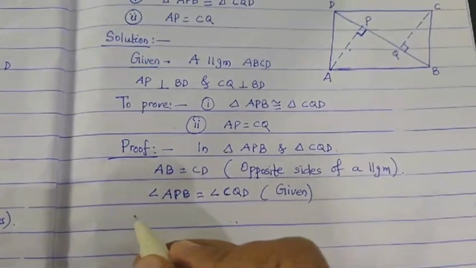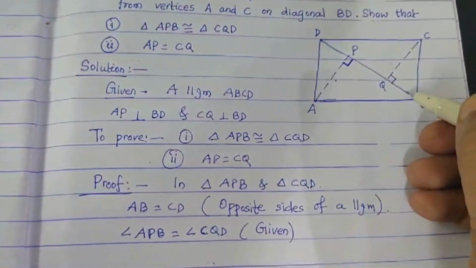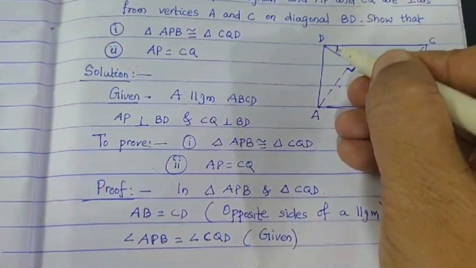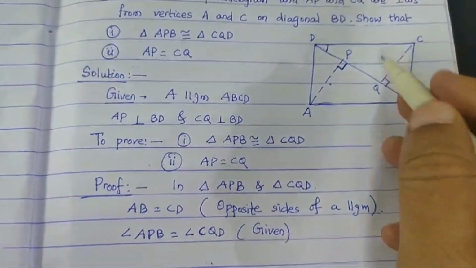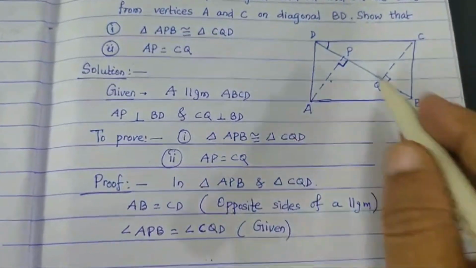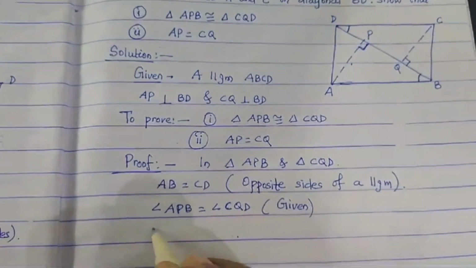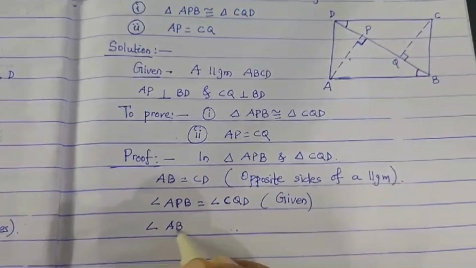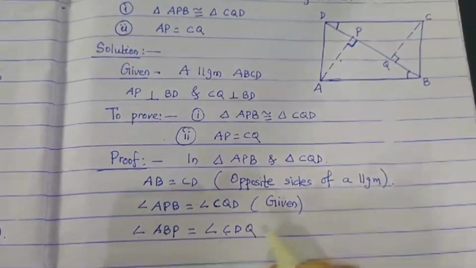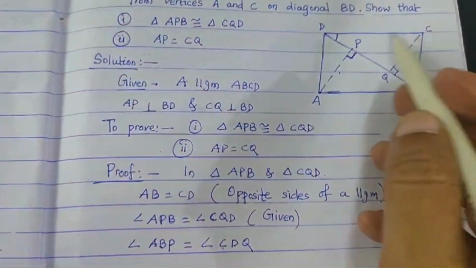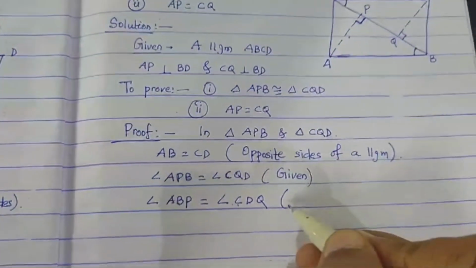Alright. Third one is this angle is equal to this angle, because AB is parallel to CD. It is a parallelogram. AB is parallel to CD and this is a transversal. So alternate interior angles are equal. This implies angle ABP is equal to angle CDQ. How?